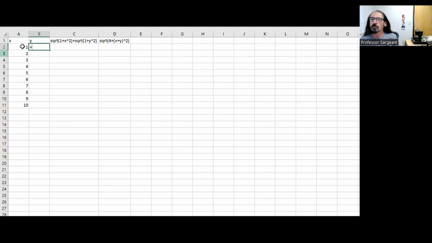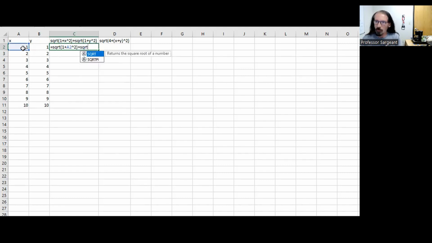And let's do the same for the y's. Okay, so we want the square root of 1 plus x squared plus the square root of 1 plus y squared.